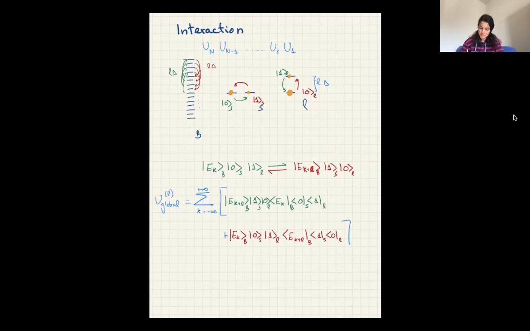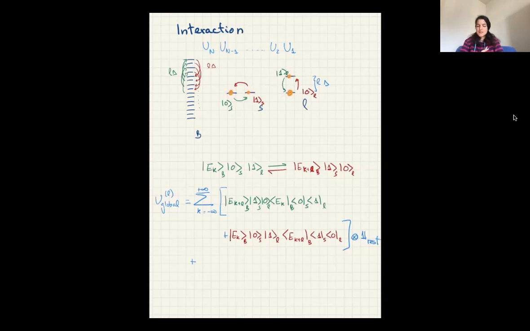Now, if I want this to be a global unitary, then I need to say what it does in the rest, so it does nothing. Here the rest is the other thermal qubit. Now this is the form of the Hamiltonian, not of the unitary. To make it a unitary, I need to add terms. I need to tell it what to do if the initial state is, for example, 0, 0, or 1, 1.